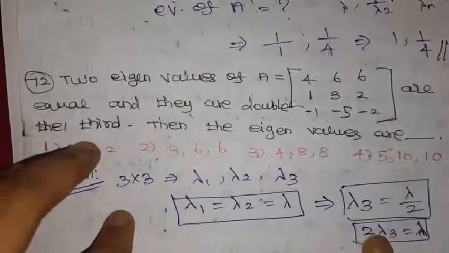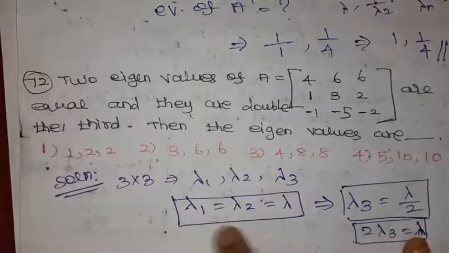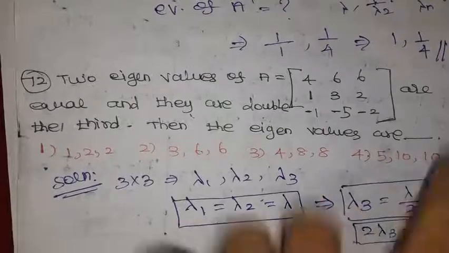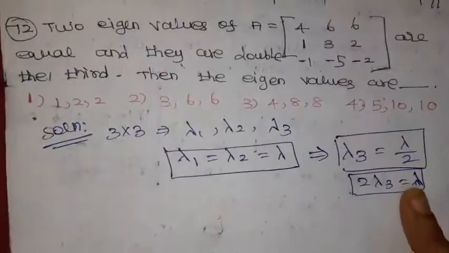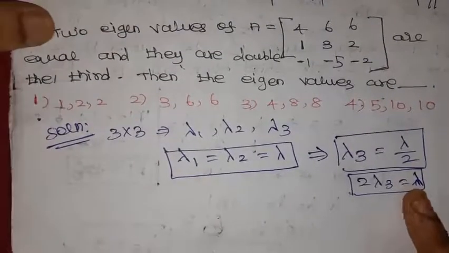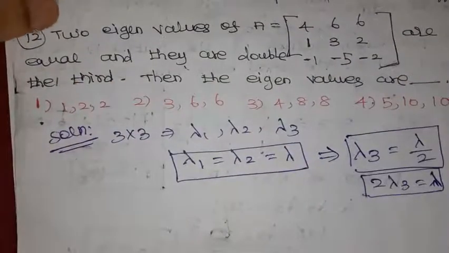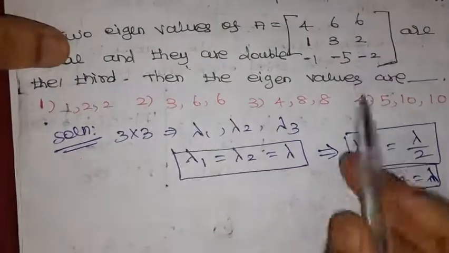So double the third, these two will be double the third and equal, and double the third means lambda 3 is lambda by 2. So this is the logic given in the question. Now we need to find out the eigenvalues.